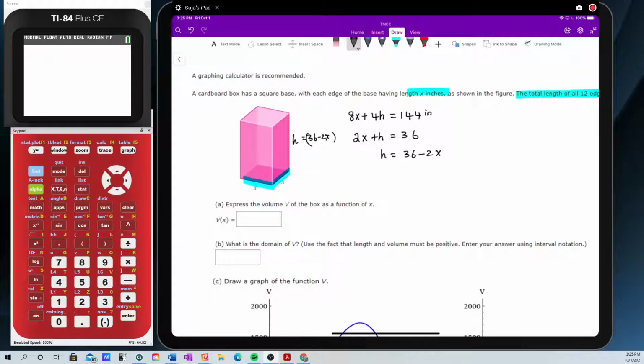Now the next step is to write the volume. The formula for the volume of a box is the area of the base times height.